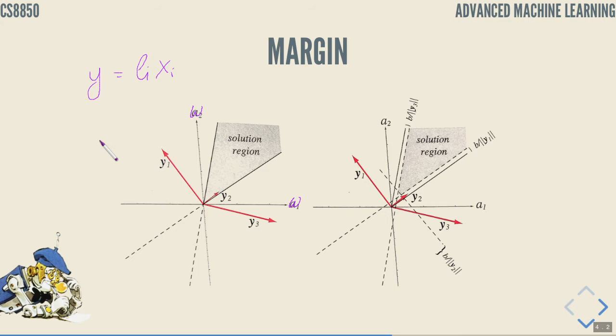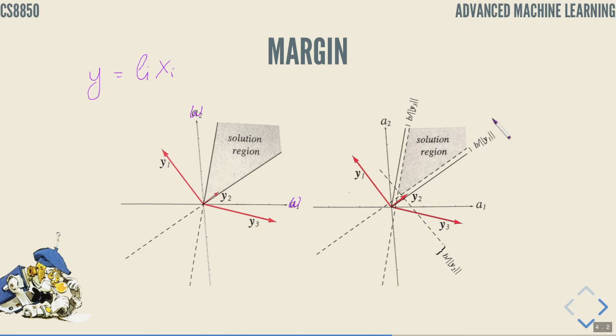and to talk about. So margin tells us that we'd like to have a solution region in which we don't allow any points.